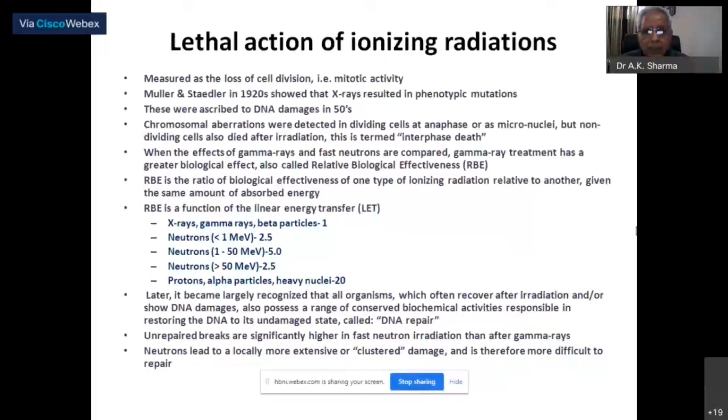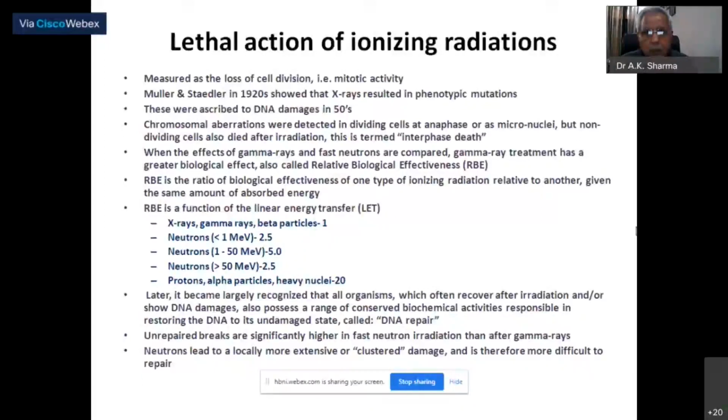Chromosomal aberrations were detected in dividing cells at anaphase or as micronuclei. So there were a lot of studies done on what is happening to the cell after it is bombarded with ionizing radiation. They observed chromosomal aberrations, meaning the DNA in the chromosome was getting hit and knocked out, or many times it rewound itself to form, say, micronuclei.